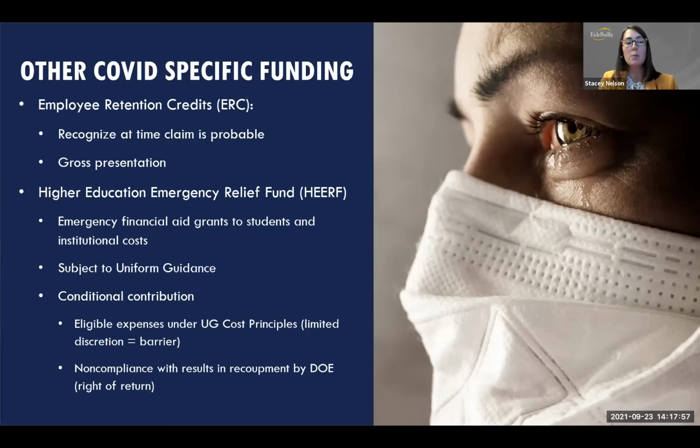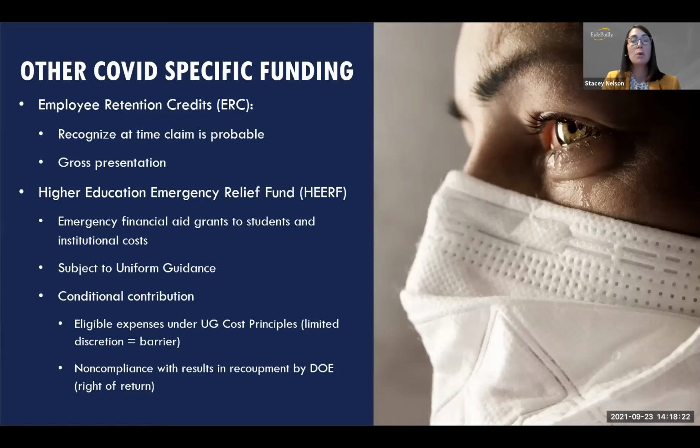Similarly, on our slide here, we have the Higher Education Emergency Relief Funds. This is specific to our higher education institutions. This was emergency financial aid grants that were paid to students, as well as some institutional costs. These particular awards are subject to uniform guidance. They have to incur those eligible expenses under those cost principles. So that's your limited discretion and an indication of your barrier.